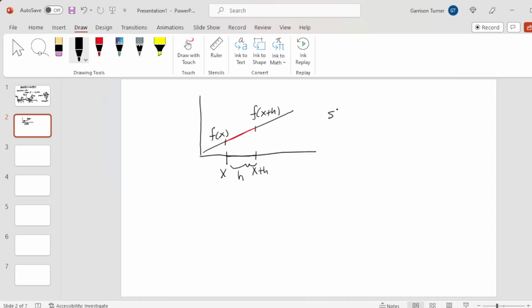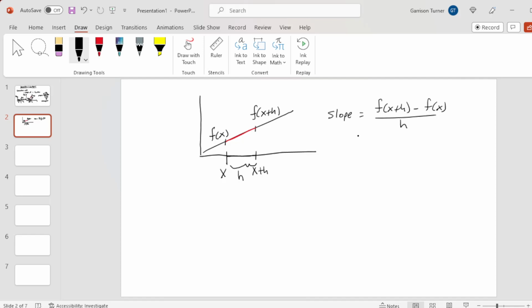So my new slope, slope doesn't have two e's. My new slope is going to be f of x plus h minus f of x, divided by h.